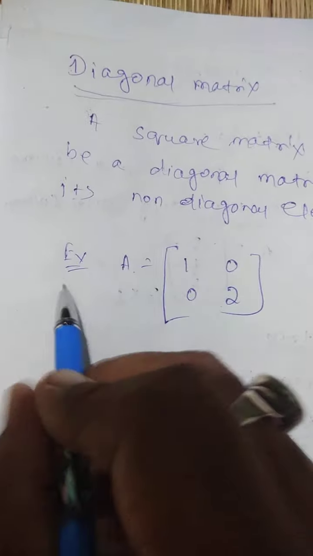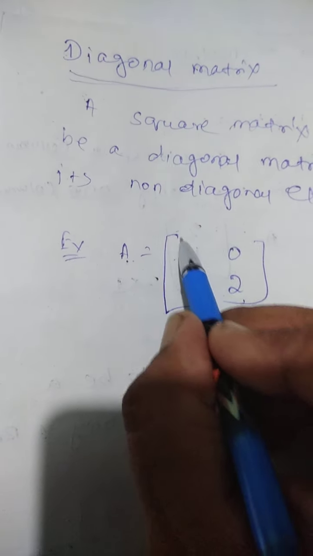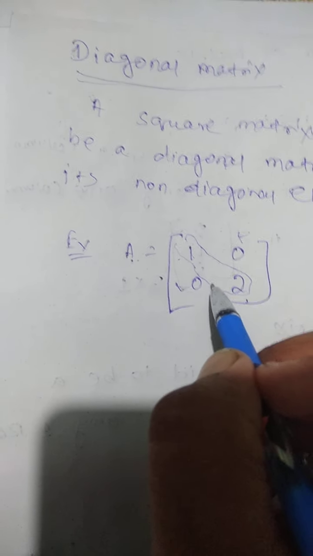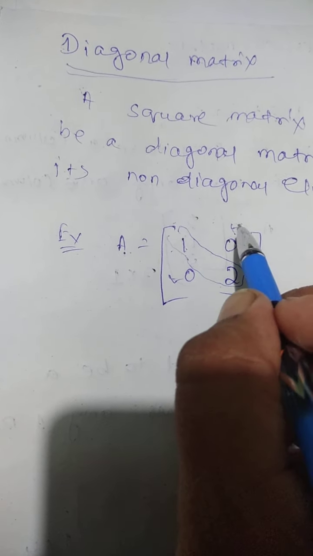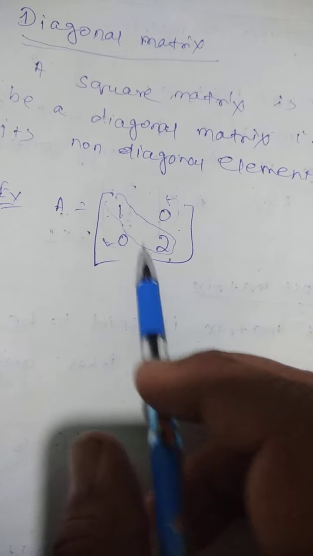Let us take an example. A is equal to 1 0 0 2. This is a 2 cross 2 matrix. This is known as the diagonal, and these are known as non-diagonal. So here the non-diagonal elements are 0. So this is a square matrix having non-diagonal elements 0, so this is a diagonal matrix.